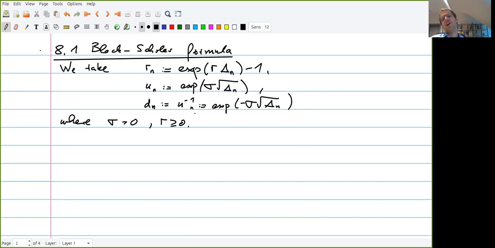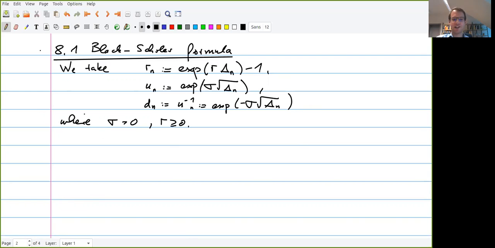Okay, now I can specify parameters, and you all know if you want to talk about the pricing and hedging of options. So here we only talk about pricing, but you can also consider the corresponding hedging strategies. We want to have arbitrage-free models. This is what I'm telling you all the time. If you want to do pricing and hedging of options, you need to have an arbitrage-free model first.